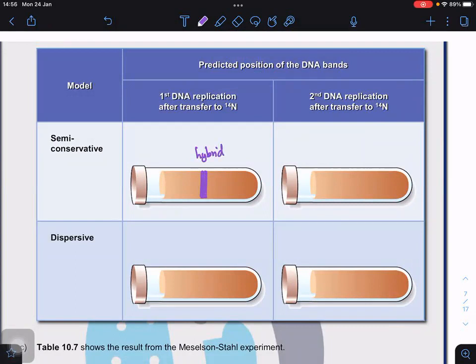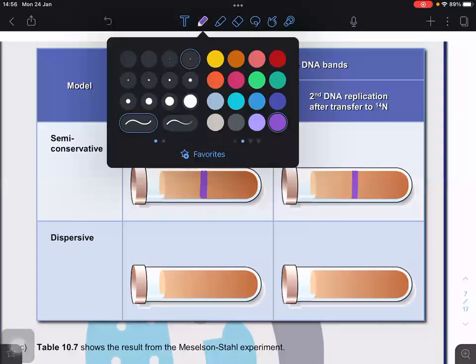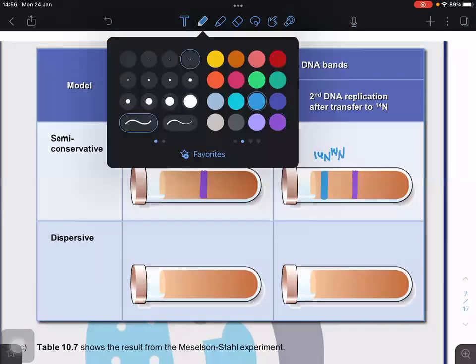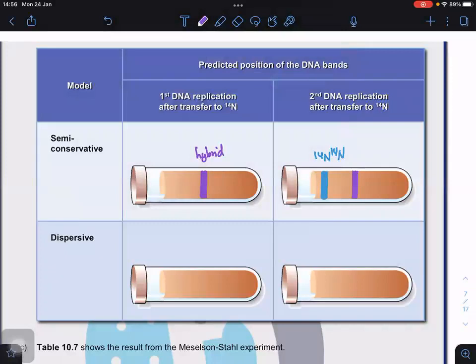After the second generation, again, we're going to have one band at the center, and we have another band at the top. The one at the top represents 14N, 14N. The one at the center is hybrid DNA.